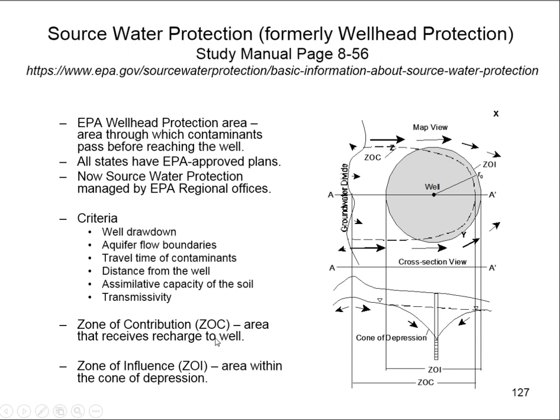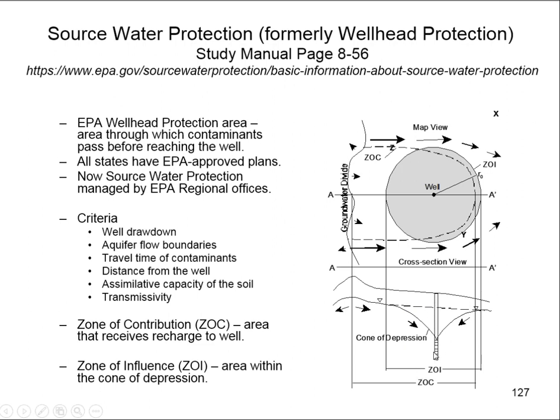There are a couple of acronyms that you'll need to know: the zone of contribution and the zone of influence. The zone of contribution is the area that recharges that well. So if I look at a cross section, I have the divide and the water flows down into the well.